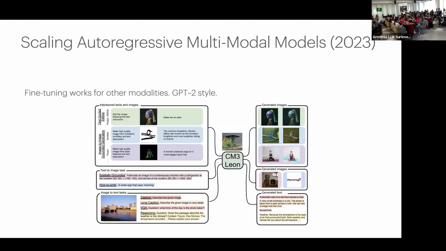This worked for editing images directly. This worked for: here's a sketch of an image, generate the full image. Even things that seem kind of obscure, like: here are all the key points of a skeleton of a human, can you generate this type of pose? And this was on the image generation side, but at the same time, it turned out that image understanding actually worked surprisingly well too.